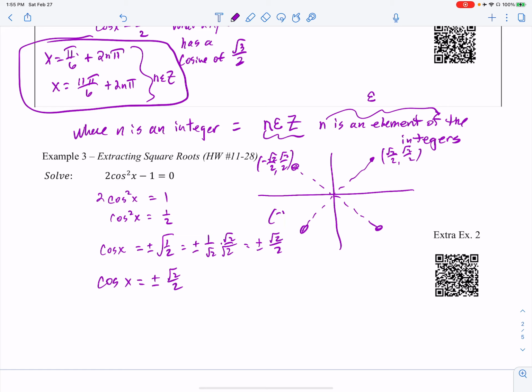Here again it would be negative root 2 over 2 down negative root 2 over 2. And here would be at positive root 2 over 2 down negative root 2 over 2. But at all of these spots, the x coordinate is either positive root 2 over 2 or negative root 2 over 2.